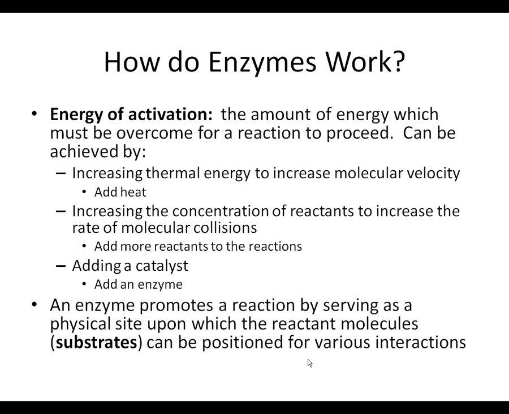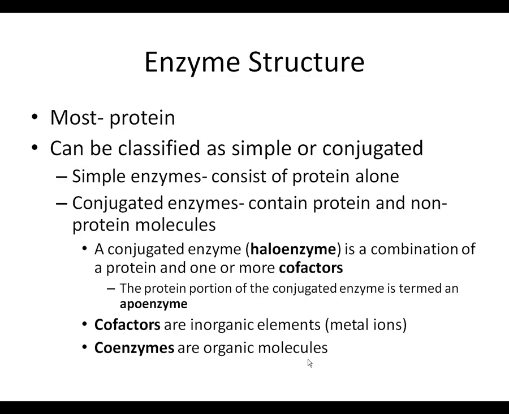An enzyme is going to promote a reaction by serving as a place or a physical site where a reactant molecule can be positioned for a particular interaction with other molecules. When we talk about reactants and enzymes, those reactants are something called a substrate. We'll talk about what a substrate is here in just a little bit.